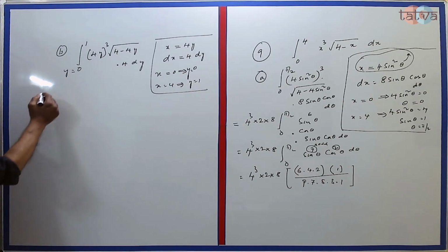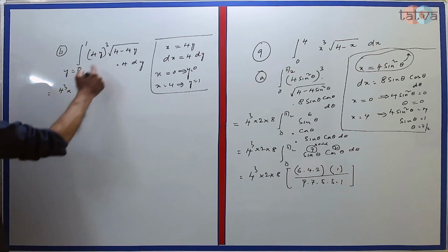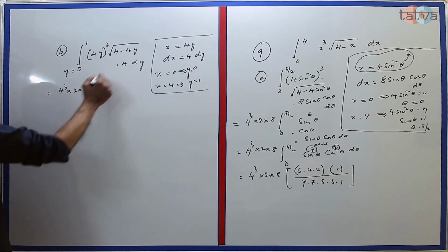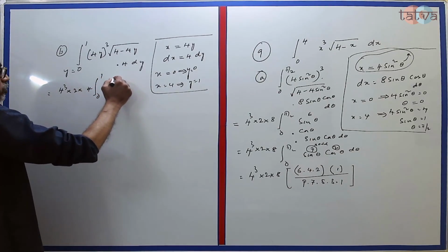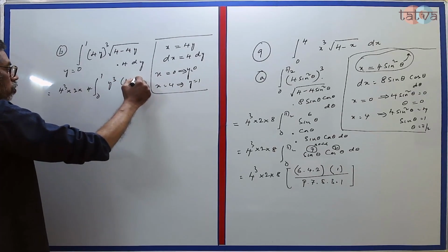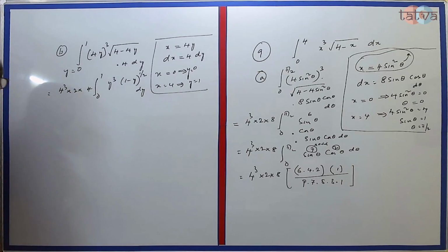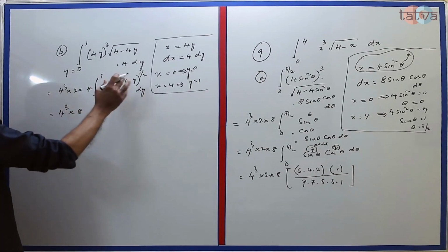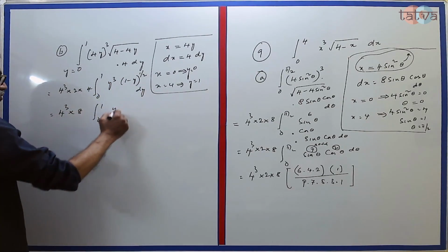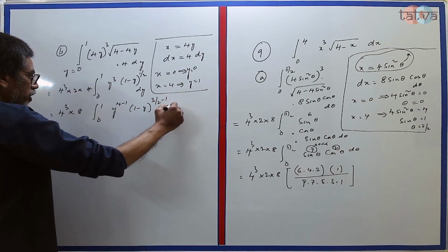So this would give me 4 cubed times square root of 4 is 2 times 4, 0 to 1, y cubed into 1 minus y to the power half. Now this would be 4 cubed times 8, and there's a special way to write this one: y power 4 minus 1 into 1 minus y power 3 by 2 minus 1 dy.